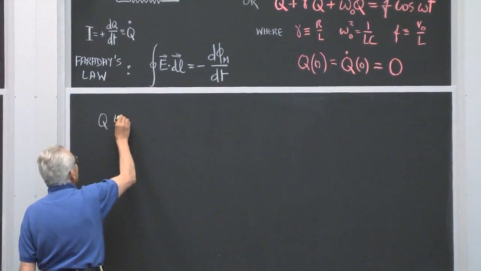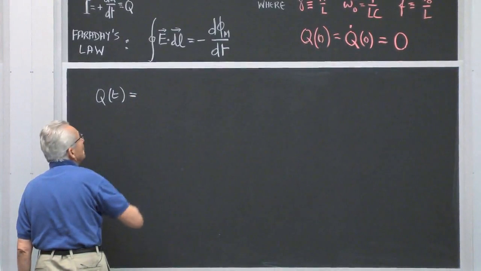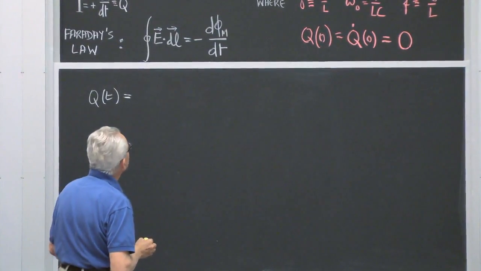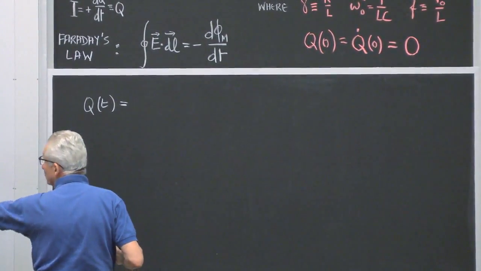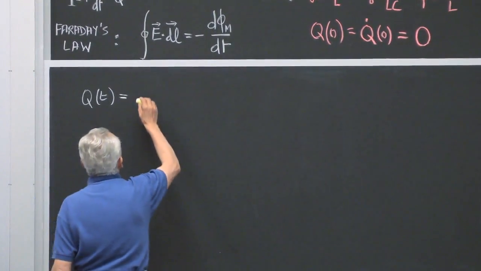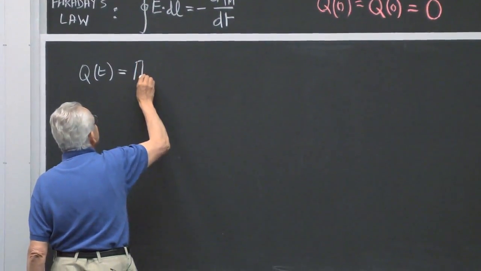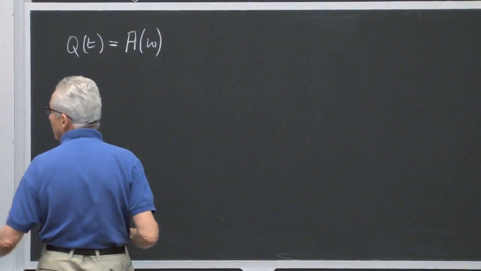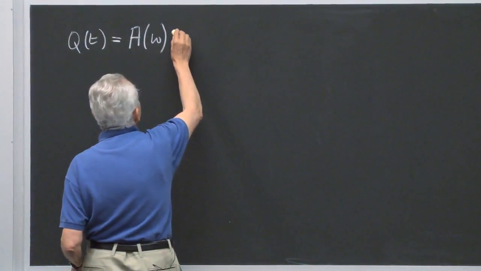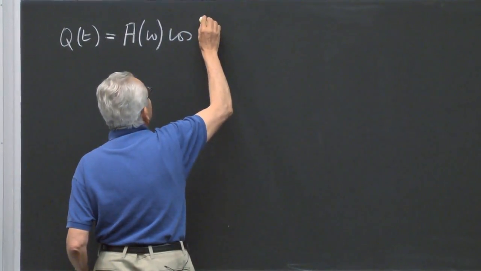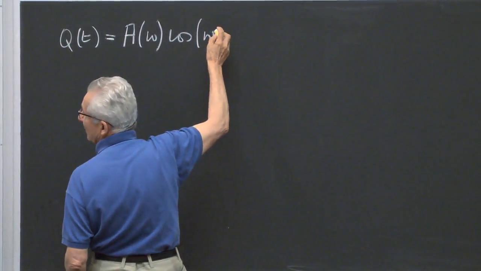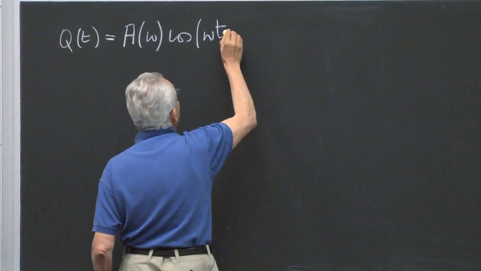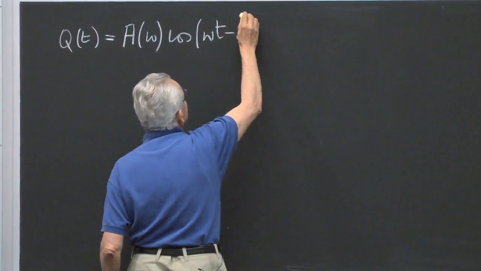As a function of time, the charge Q will be equal to A of omega times cosine of omega t minus delta. I'm just copying from over there.